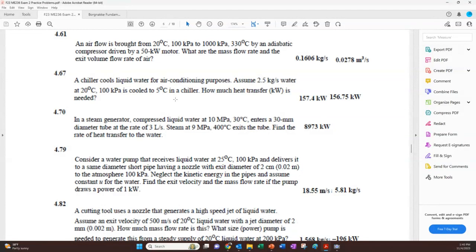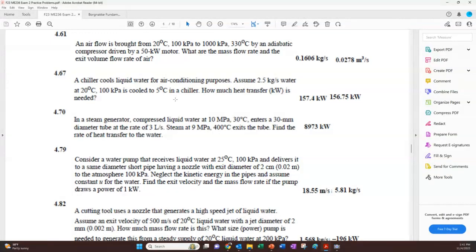So D is 2 centimeters or 0.02 meters. 2 atmosphere. Neglect the kinetic energy in the pipes and assume constant U for the water. Find the exit velocity and mass flow rate if the pump draws 1 kilowatt of power. Okay, let me think about that.